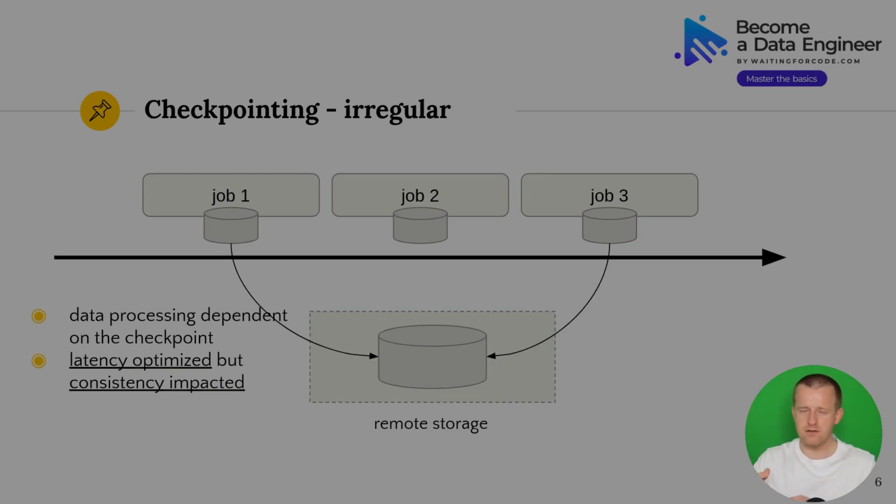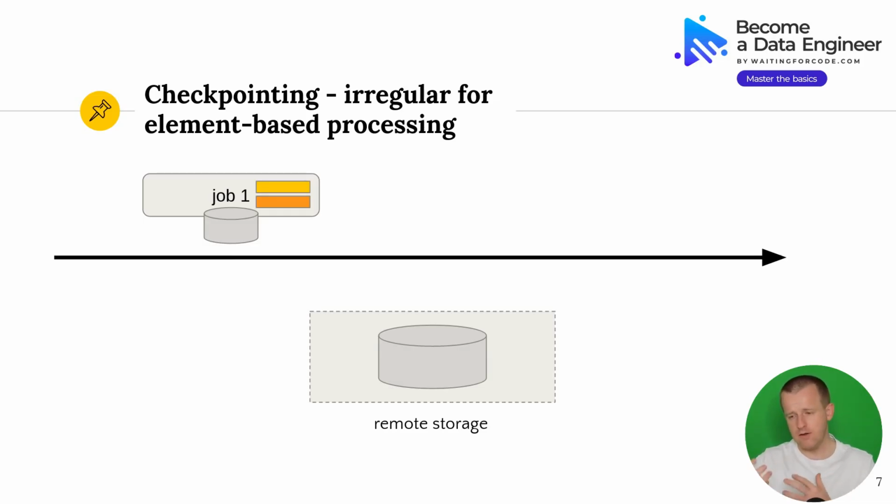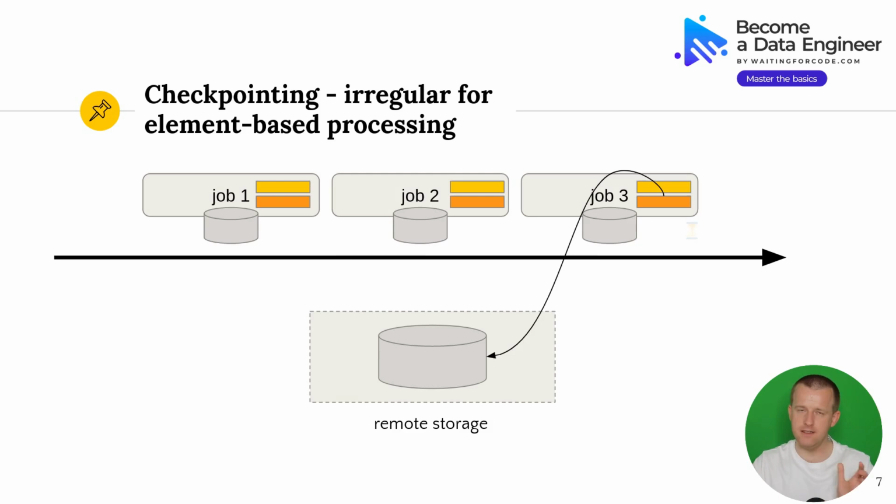And this irregular strategy, you can apply it globally, or you can also apply it at the task or operation level. Here we can see that we have two tasks, yellow and orange. The nice thing is that both will not have the same checkpointing interval because they are unaligned.